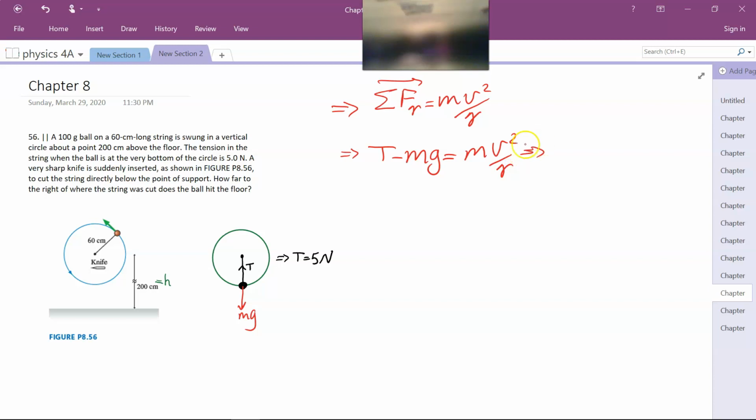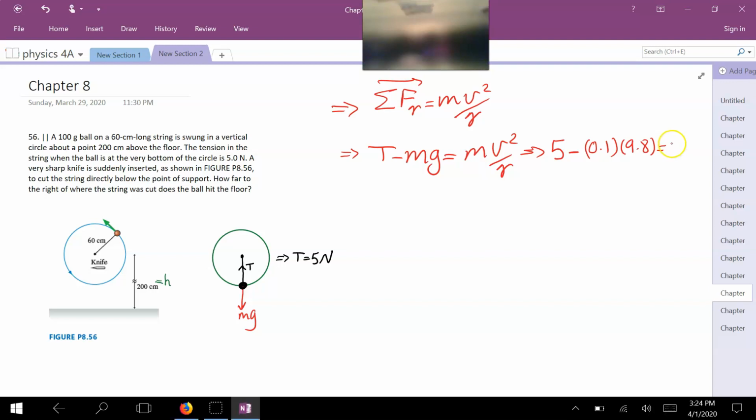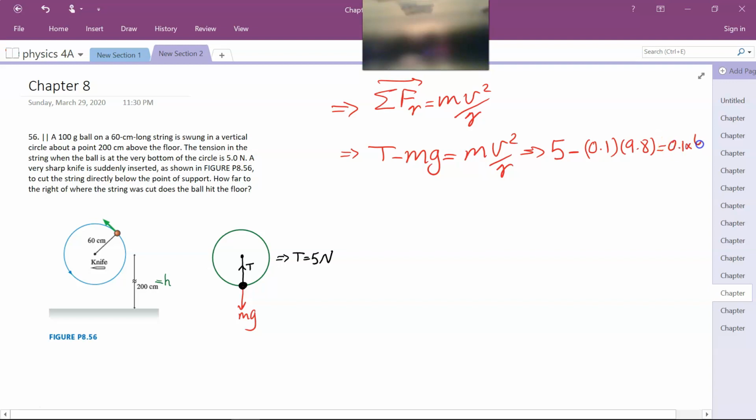I do have tension, I do have mass 0.1, I do have g, I don't have a speed, and I have radius. So using that equation, we can find speed of rotation, which is same as what? Tangent velocity. So this is rotation speed.